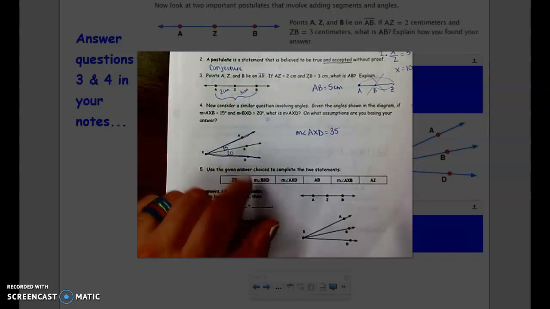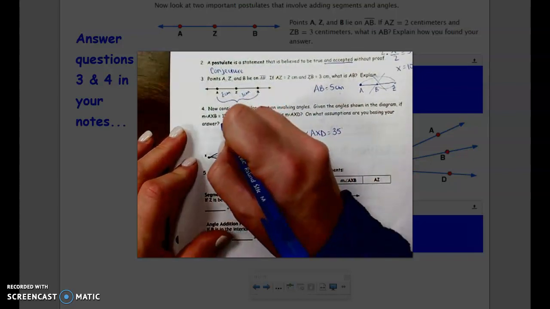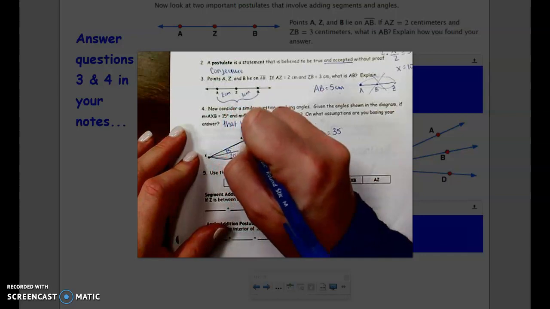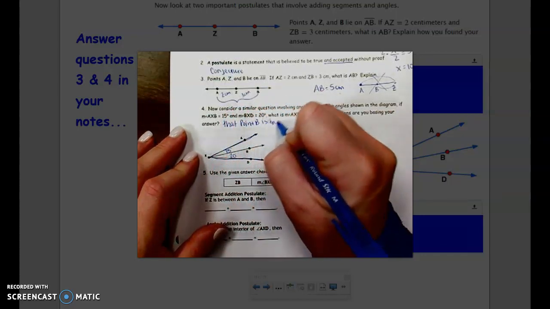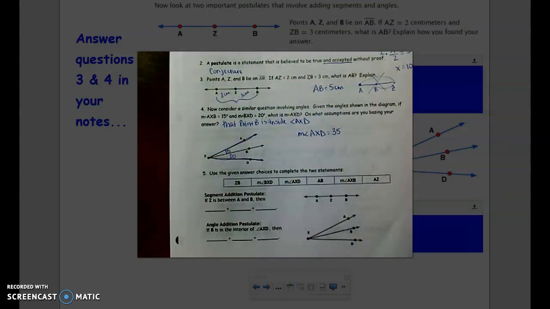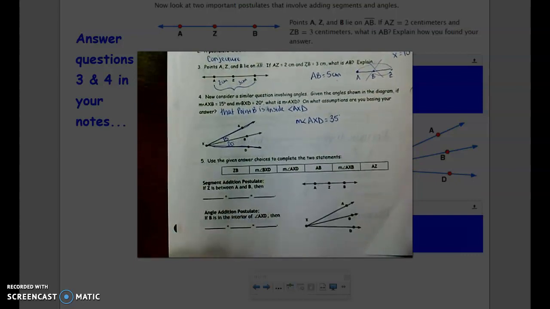So where it says what assumptions are we basing our answer on, we're assuming that point B is inside the angle AXD. That's an important assumption to make in order to use this angle addition postulate.